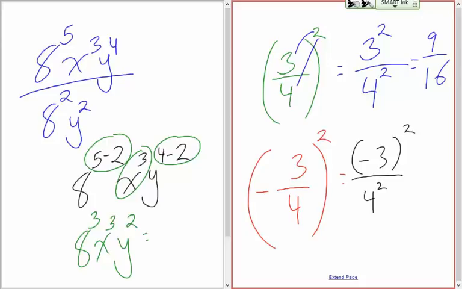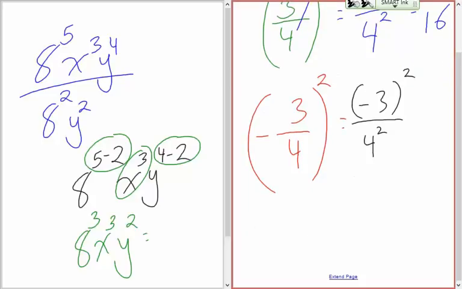Is everybody okay with that? Or I could have written it as 3 squared over negative 4 in parentheses squared. Is this okay? You're all right with this? That's the way I would like you to do this. Comfortable with that? Okay. Let's take it.